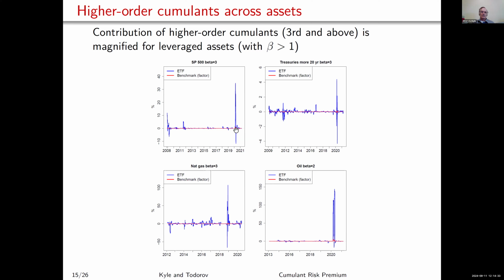So you see these higher order cumulants really showing up in the 2020 COVID panic, showed up in the global financial crisis, showed up in the Euro crisis for stocks. And the same thing showed up in treasuries, that longer dated treasuries, big high order cumulants in 2020, and also in the Euro crisis.